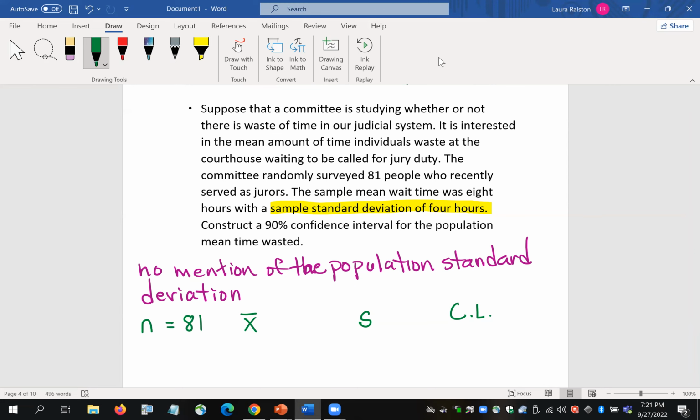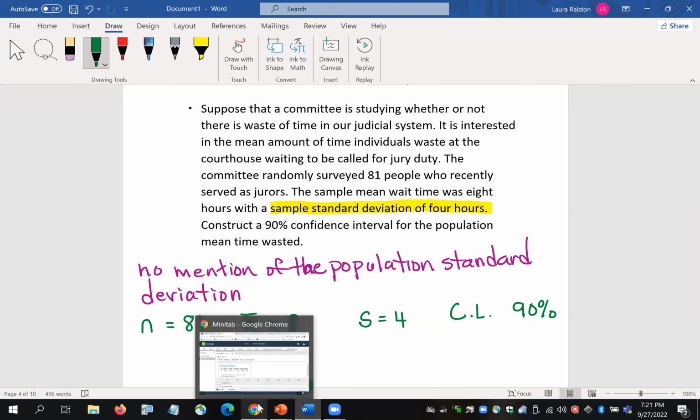The sample mean wait time was 8, and the standard deviation was 4, and we want to construct a 90% interval. All of that information is given in the problem. Just like it was before, the difference is you get the sample standard deviation.